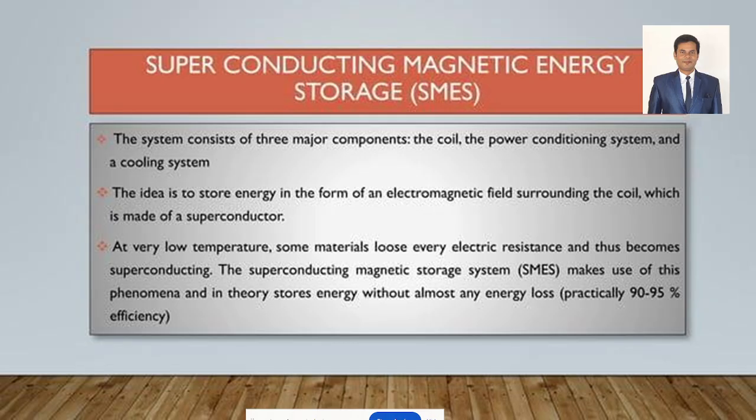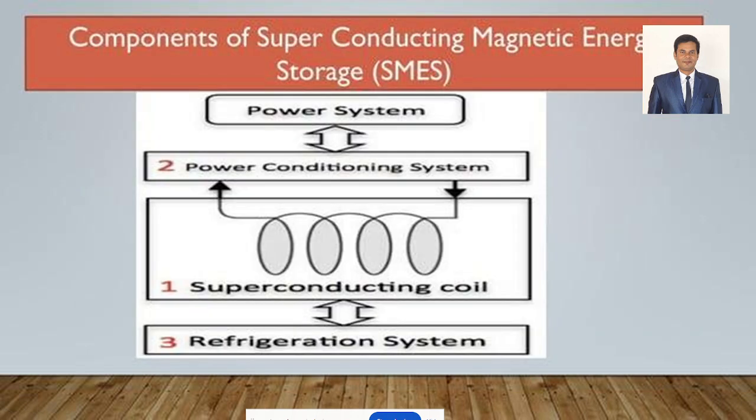So next is the superconducting magnetic energy storage, right? This is another type of energy storage. First we'll see the diagram. There are three major components: we have the power conditioning system, we have superconducting coils, and we have the refrigeration system.